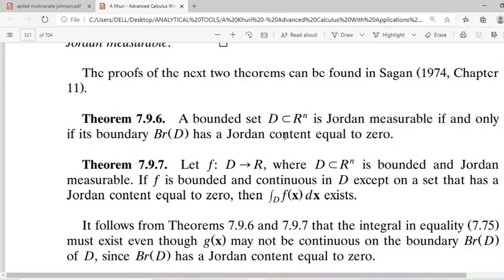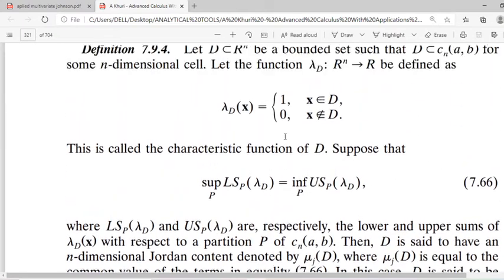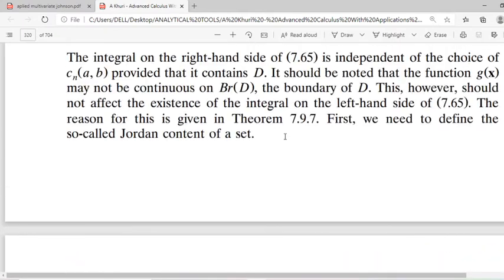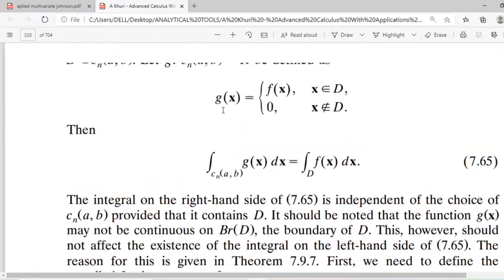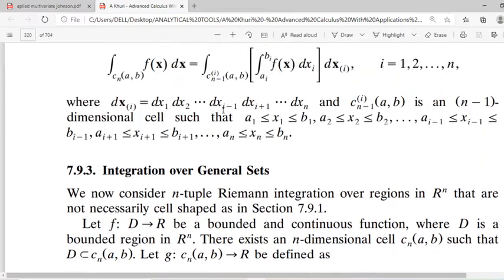There are two theorems. You can consider the term boundary. The boundary term is defined in this section.